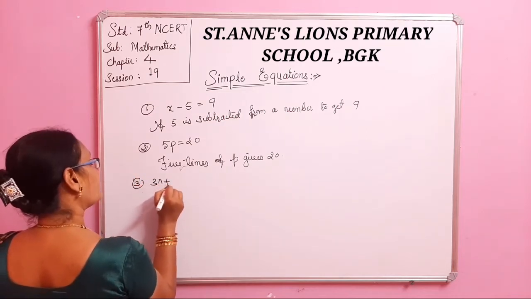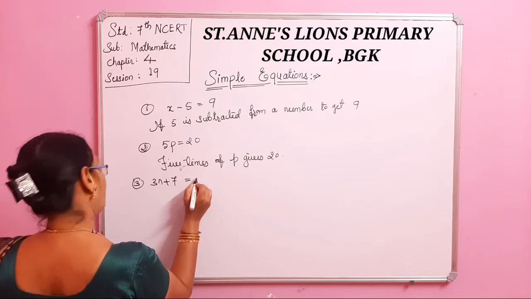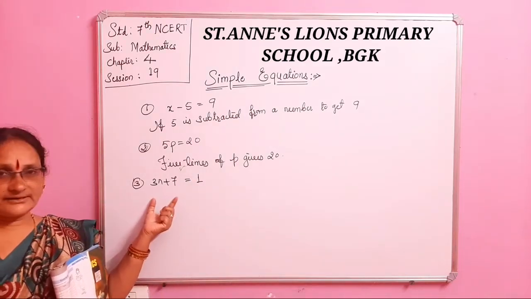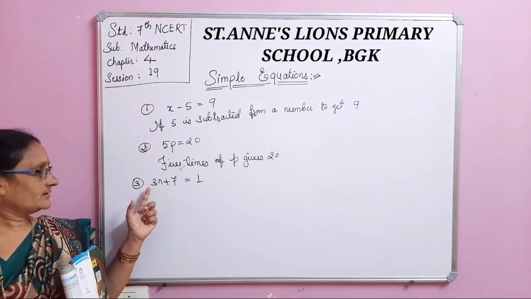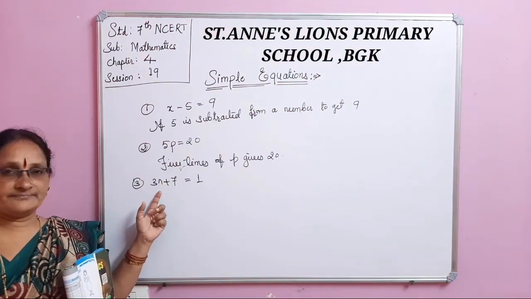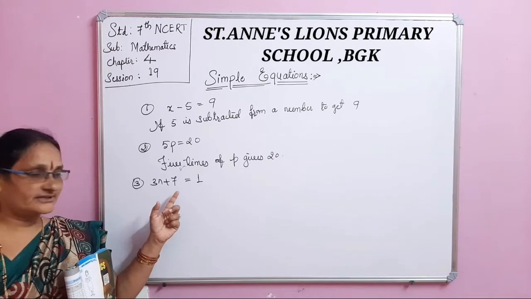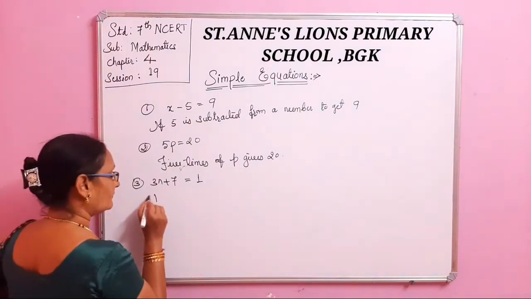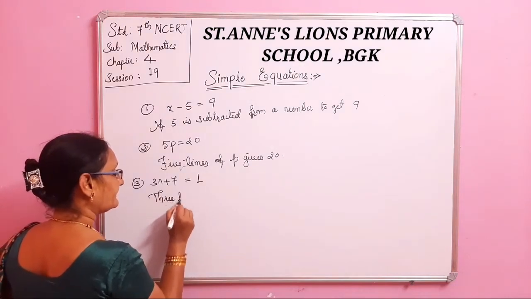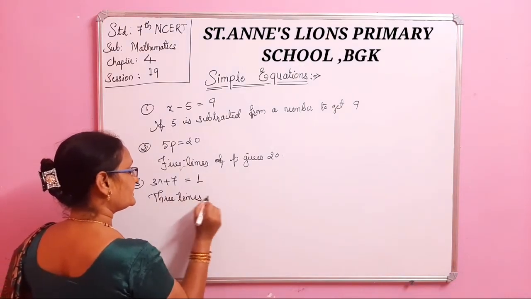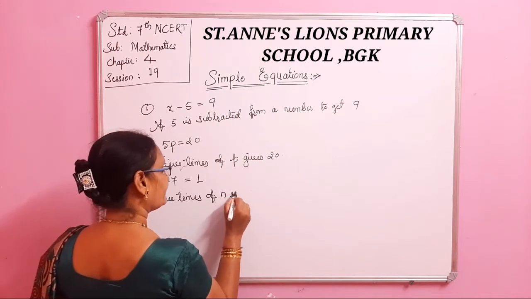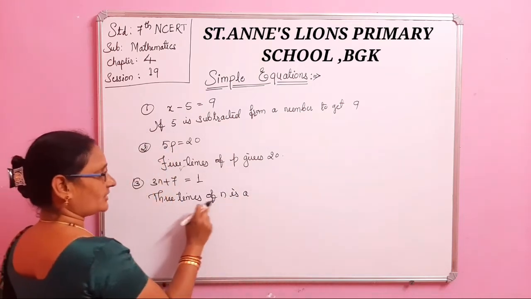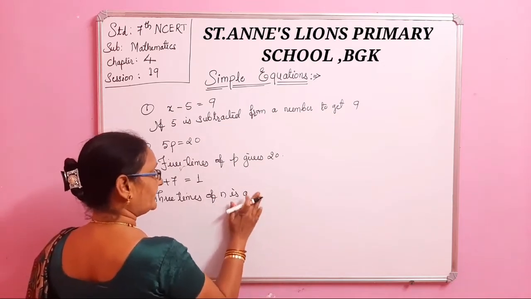3n plus 7 is equal to 1. See here, anybody can try for this? 3 times of n is added to 7 to get 1. 3 times of n is added, or the sum of 3 times of n, like that also you can write.